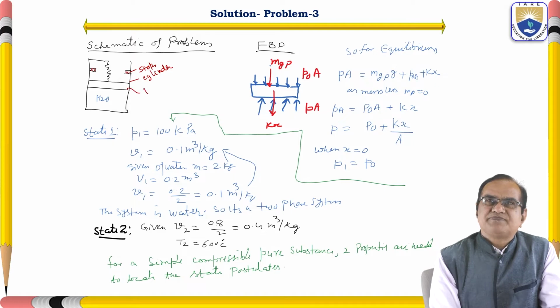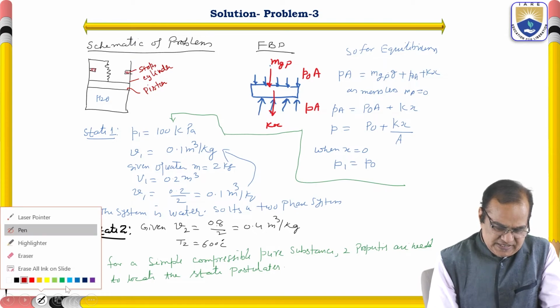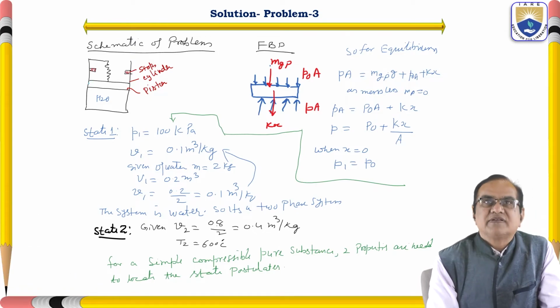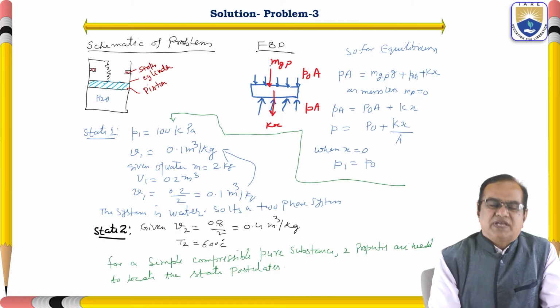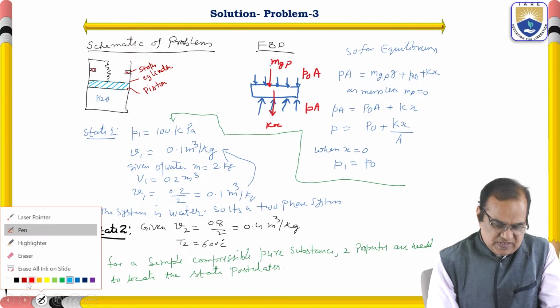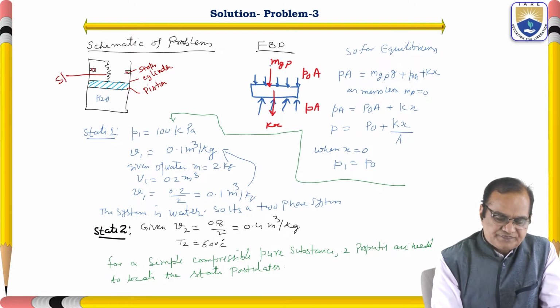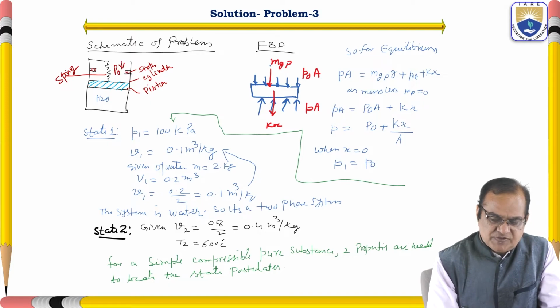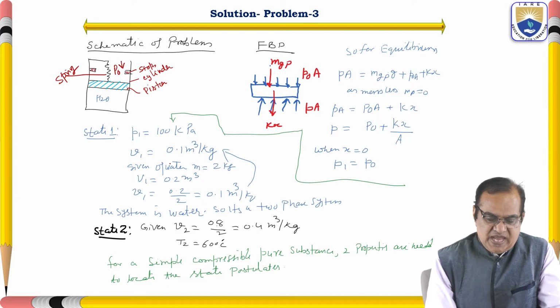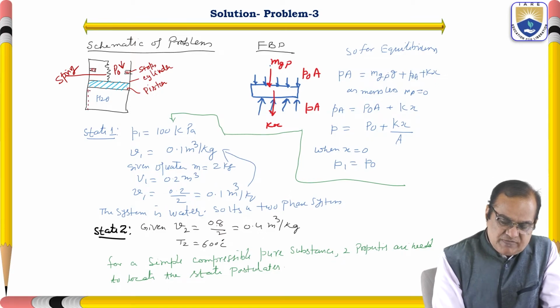This is the piston, and I'm hatching here because it is a piston. Now this is the spring, and here P naught is the atmospheric pressure. This is your system, and in the system you have the water.